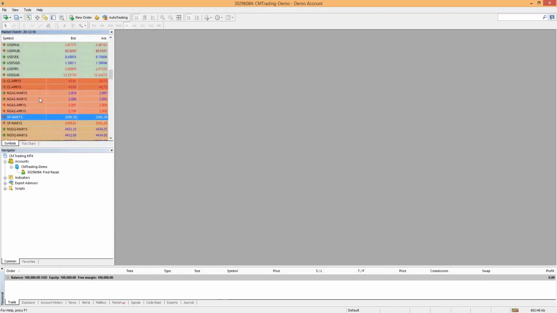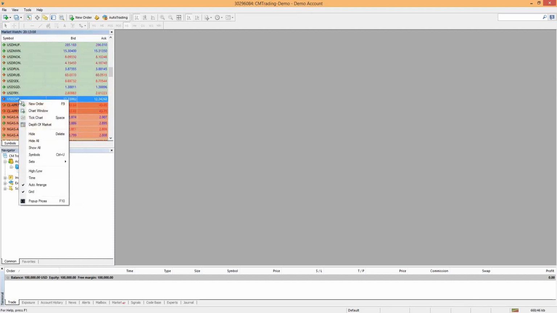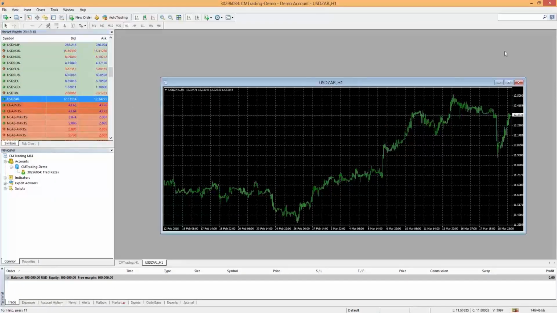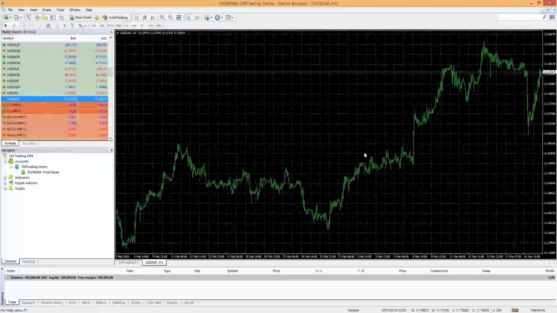But for example, let's take something that's popular in South Africa. If we wanted to take the USDZAR and I wanted to chart it, I could right-click on this area with my mouse and press Chart Window, or I could just take the actual symbol, click on it, and drag it and place it on the graph site, and boom, I get a graph. Okay, and there you go, that's my graph.